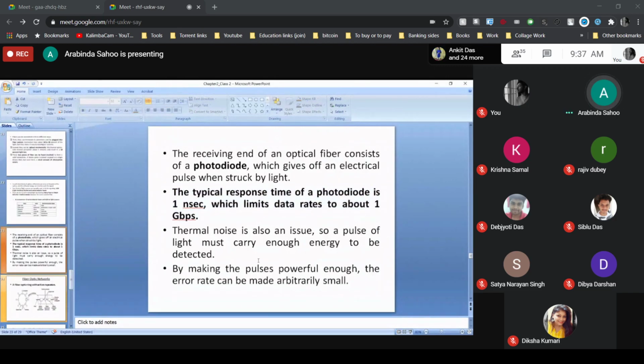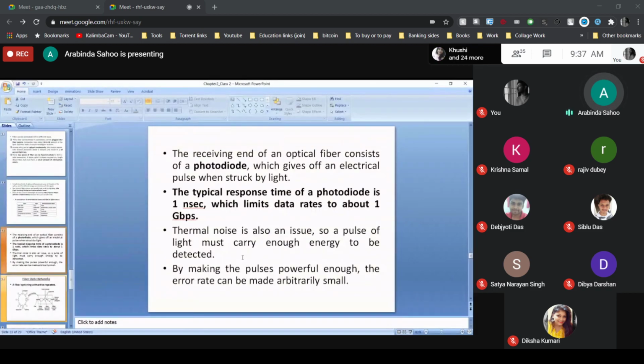In fiber optic communication, thermal noise is also an issue. A pulse of light must carry enough energy to be detected. During transmission of light through the fiber, due to thermal noise some part of the light is also attenuated or distorted.